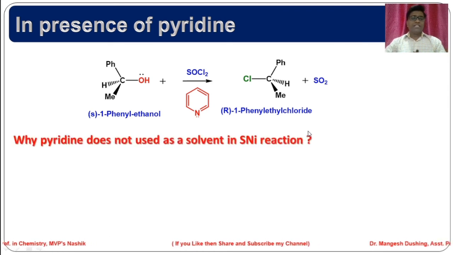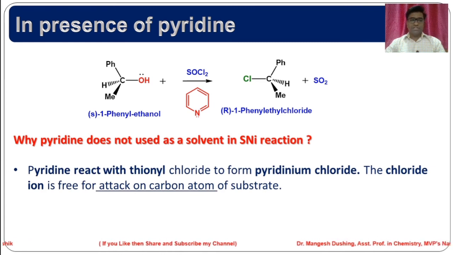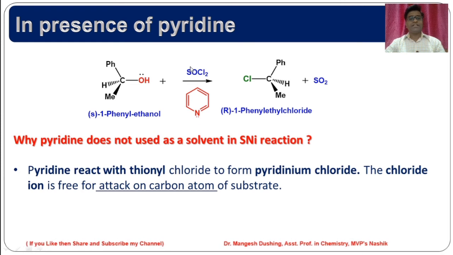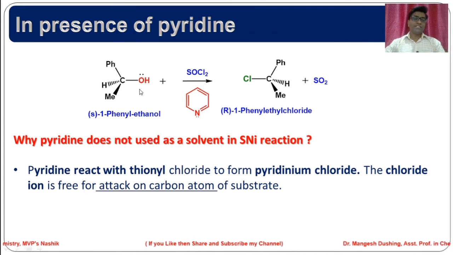So why is pyridine not used as a solvent in the SNi reaction mechanism? Pyridine, the solvent, reacts with the reagent thionyl chloride to form pyridinium chloride, N plus Cl minus. The chloride ion is now free to attack the carbon atom of the substrate. Now this Cl minus comes from the back side, so as to minimize the dipole-dipole interaction as well as steric interaction.